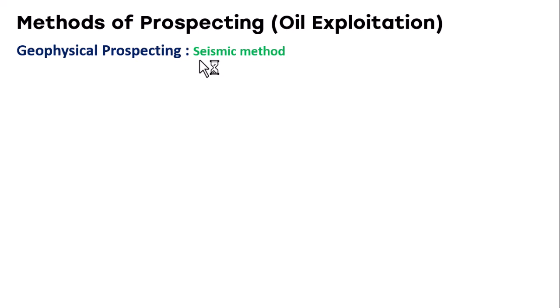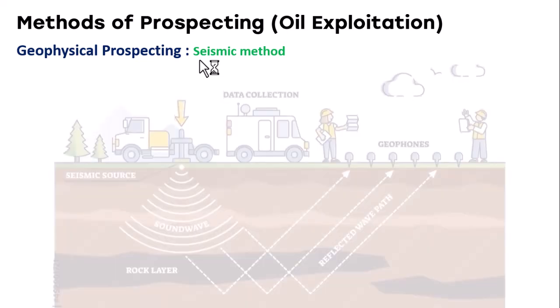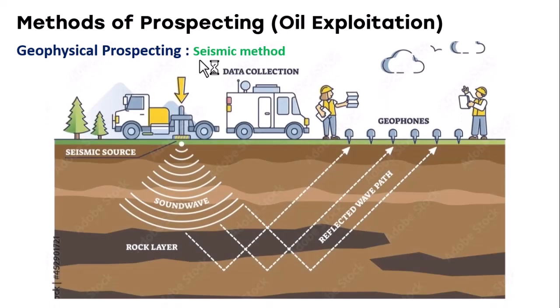Methods of prospecting oil. The most common method is geophysical prospecting, which is the seismic method. In the seismic method, we have a seismic source that generates sound waves. These sound waves have a reflected wave path.